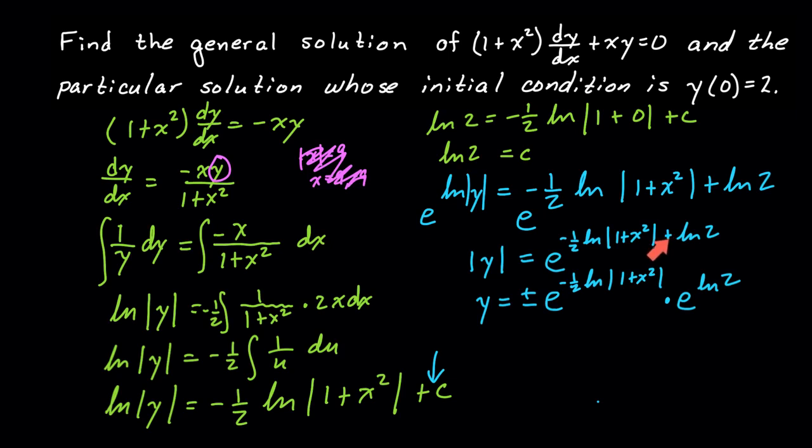That would give you this right here. And we do that because e raised to the natural log of 2 simplifies down to 2. That means your answer here would be y equals plus or minus 2e raised to this power.